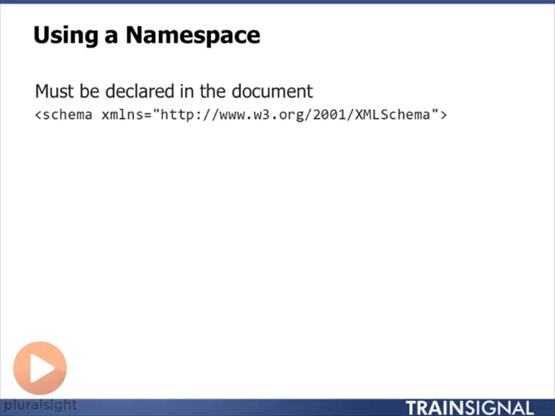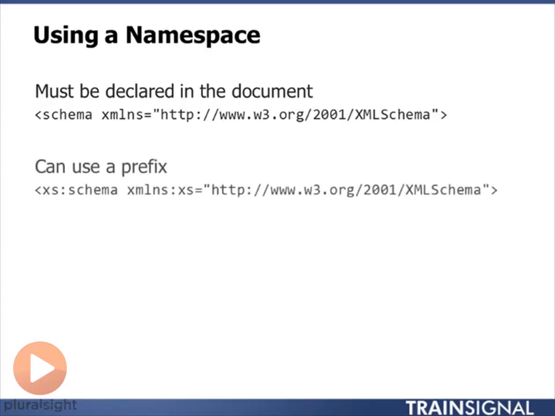Now, we may have a complex XML document that's going to be using a lot of different sets of elements and attributes, and we may decide that we want to use different namespaces. Well, if we're going to be using different namespaces, one of the things that we may want to do is identify which namespace we're using by utilizing a prefix.